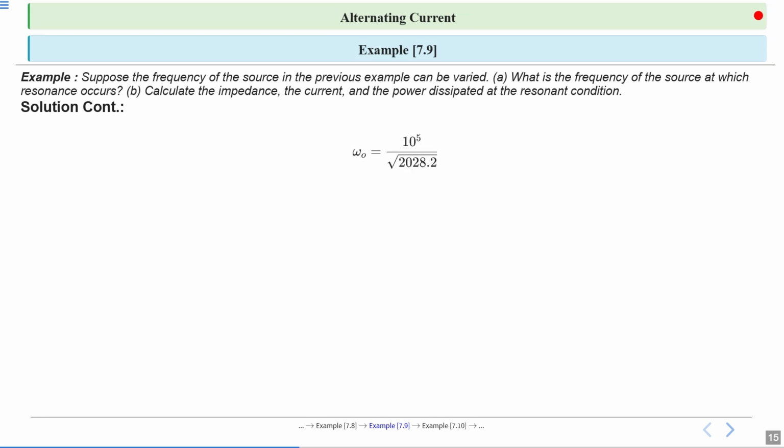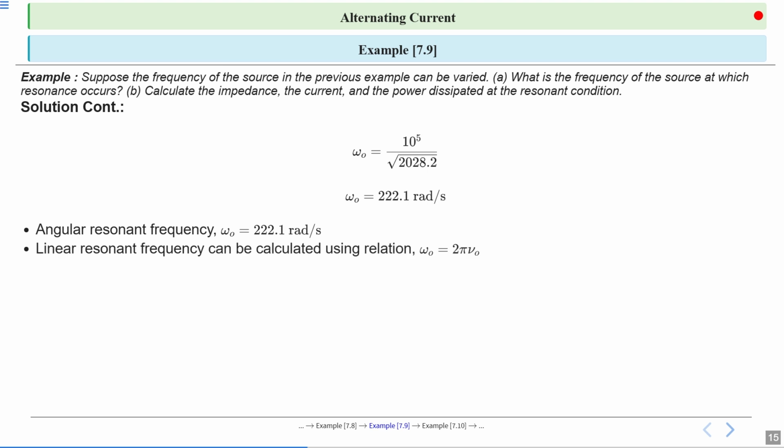After solving it, omega naught came out to be 222.1 radian per second. So the angular resonant frequency omega naught is 222.1 radian per second.